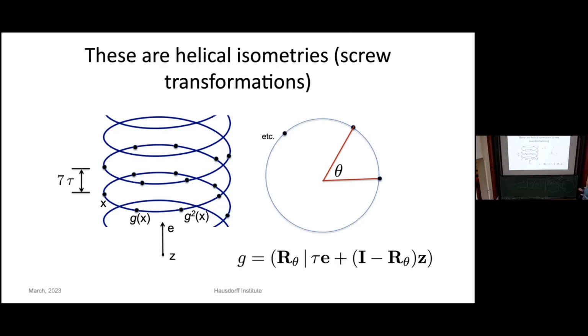The tau represents the pitch, the vertical distance between this point and this point. In this case, it's 7 tau because it's 7 points. E is the axis of the helix, and Z is the point along the axis, so the origin could be somewhere else. You can move it around. It'll be useful. And theta is the angle between the projected G of X and X. You project down.